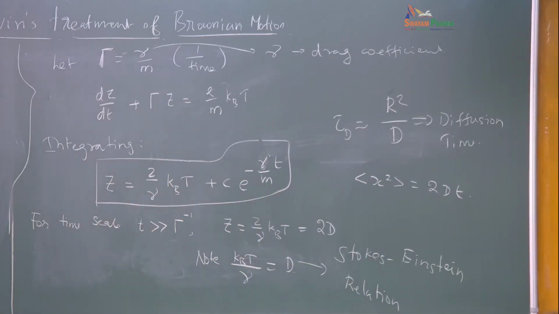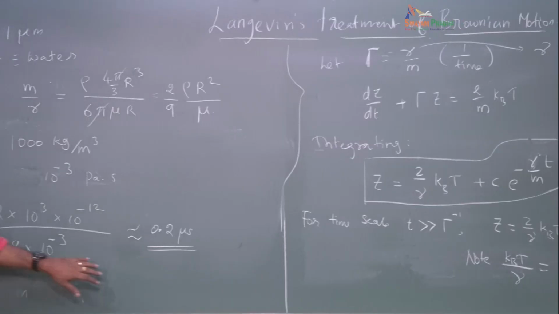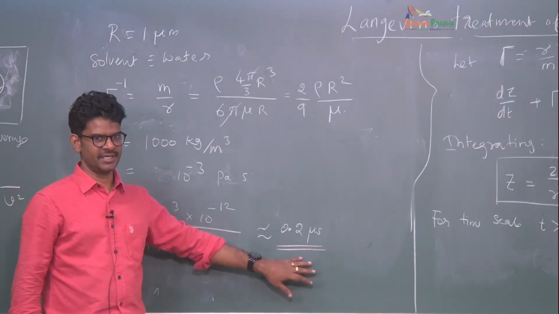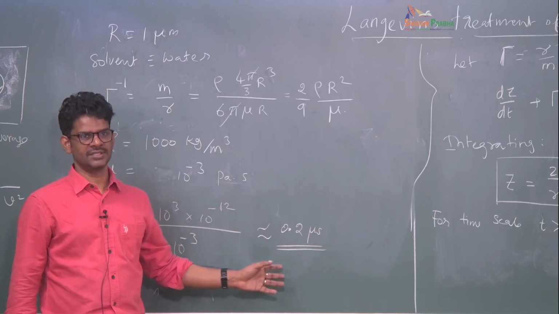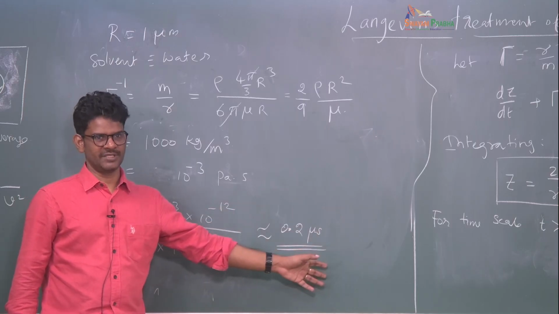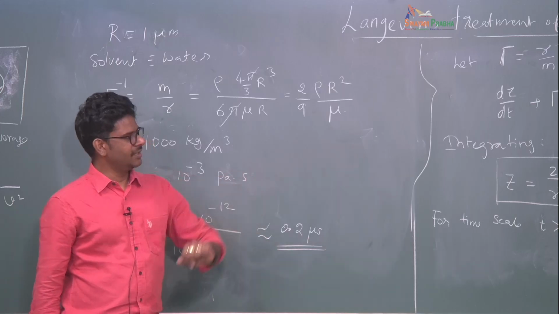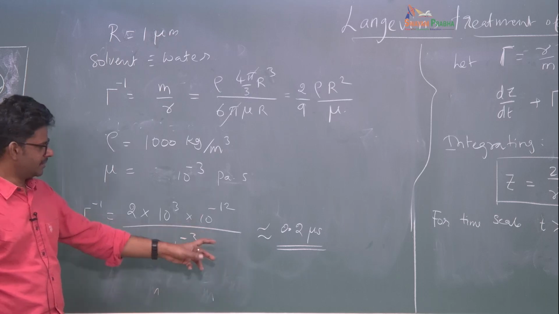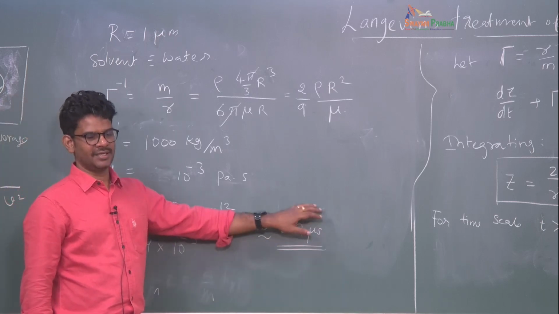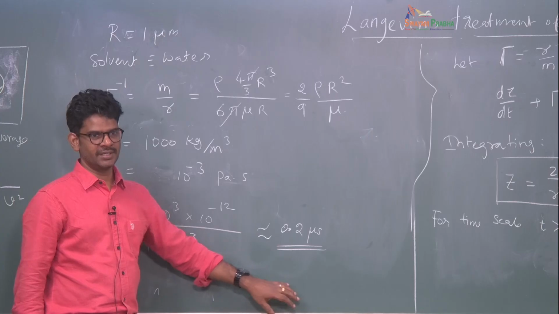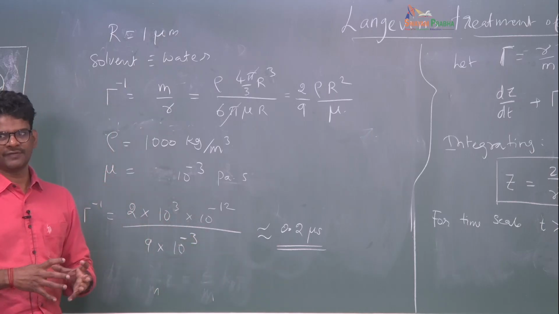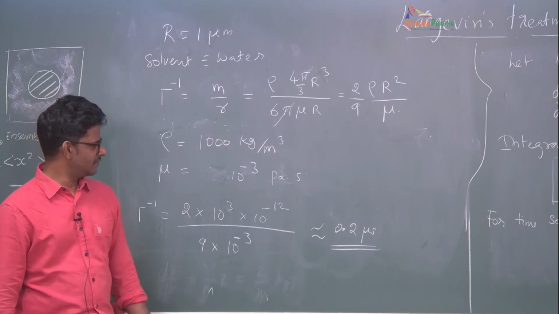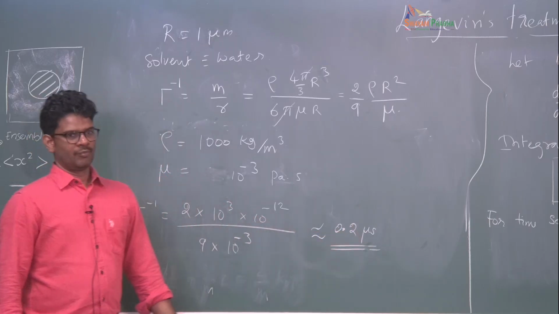As an exercise, go back to this problem. Here we found the momentum relaxation time, the initial time, which is about 0.2 microsecond, after which the particle reaches a constant rate of mean square displacement. Now calculate the diffusion time for this particle by that expression and compare the order of magnitude difference between the time it takes for a particle to move a mean square displacement equal to its size versus the momentum relaxation time.